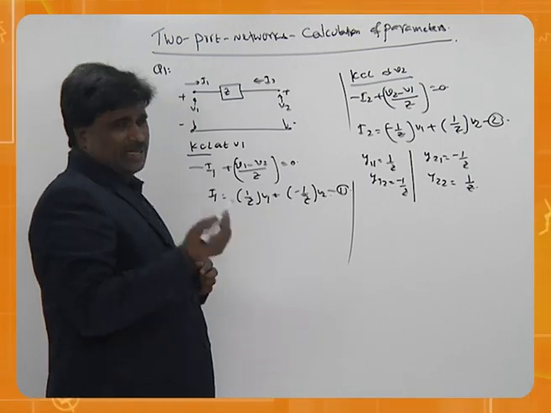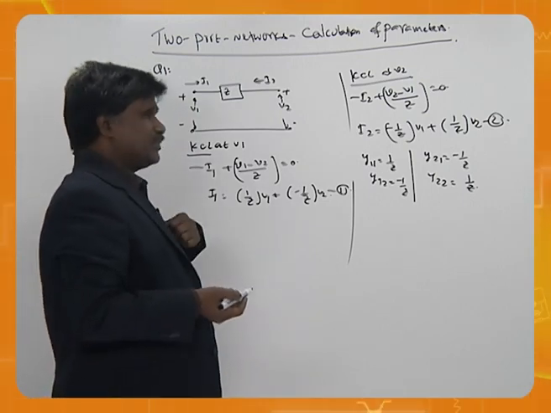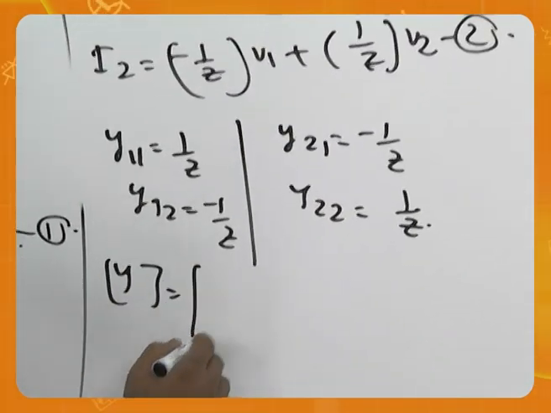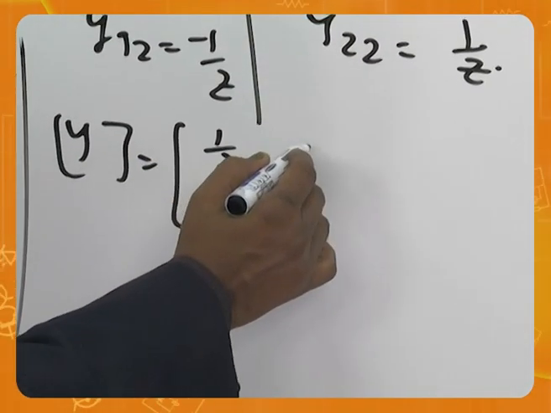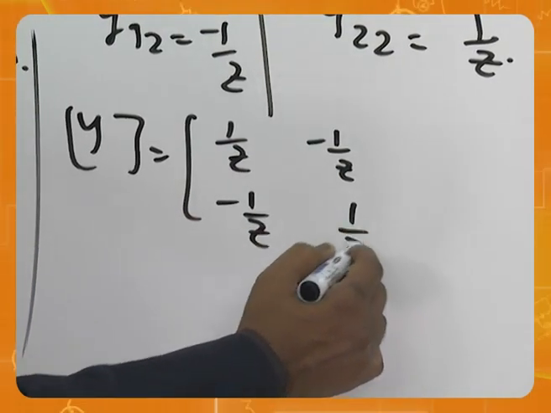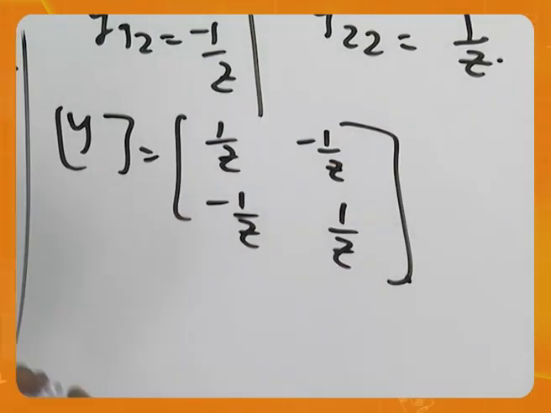One way, the answer for y parameters is over. Suppose I call this the y matrix: 1 by Z, minus 1 by Z, minus 1 by Z, 1 by Z. This is the parameter matrix.